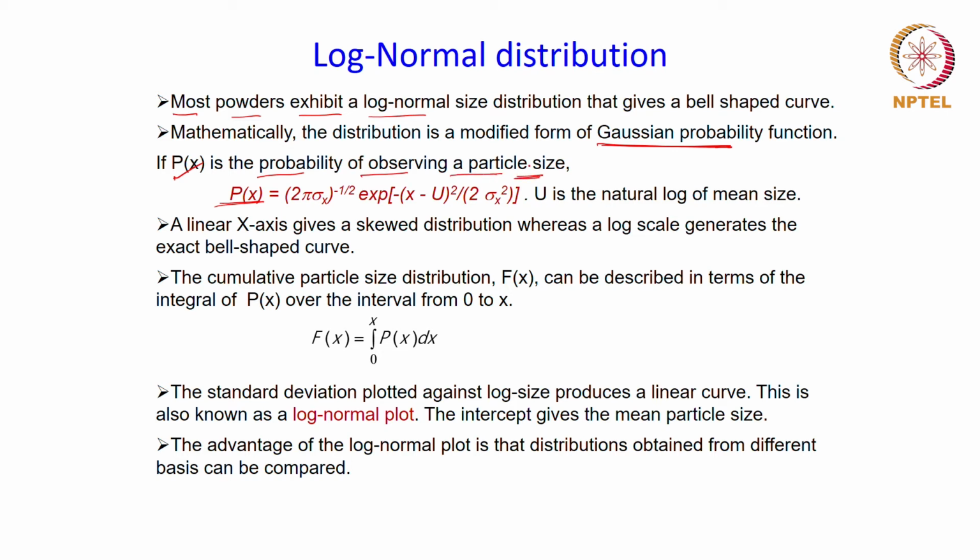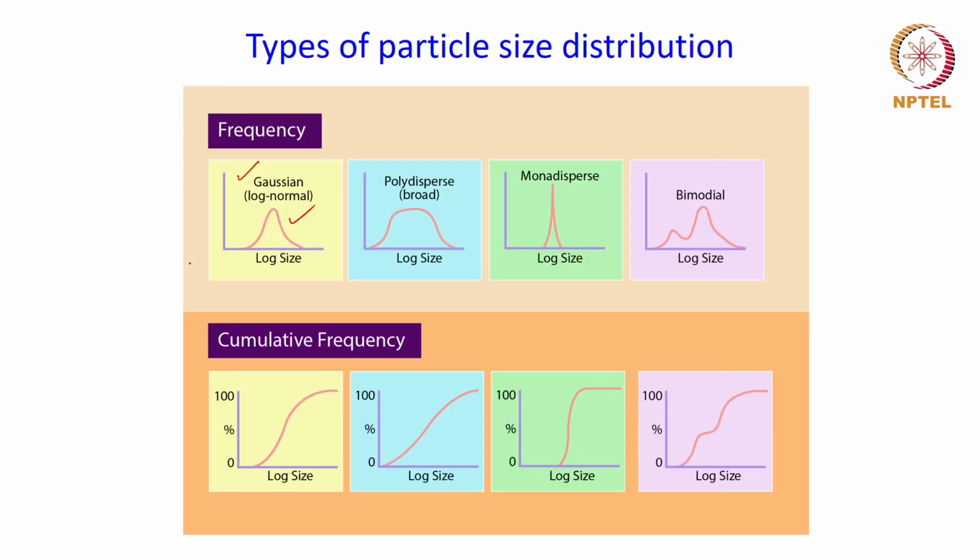Okay. And in this expression, mu is the natural log of the mean size, and if you use a linear x axis, that will give you a kind of skewed distribution, whereas a log scale will generate the exact bell shaped curve like what we have seen here.